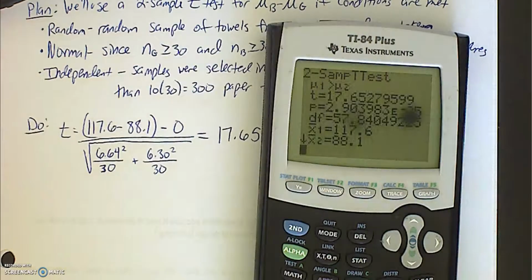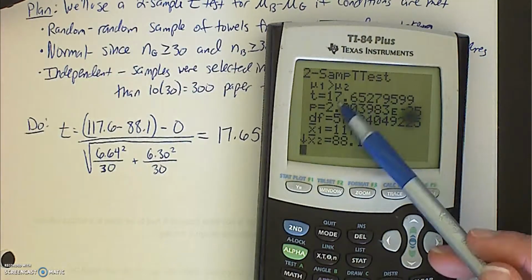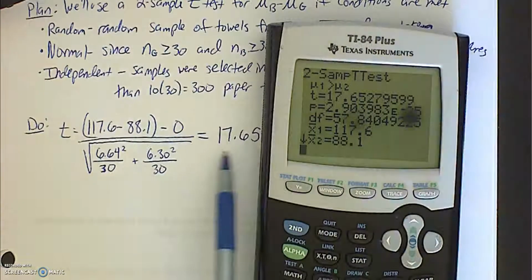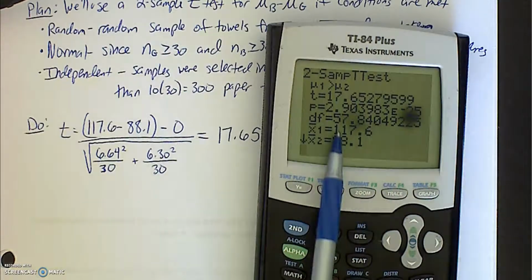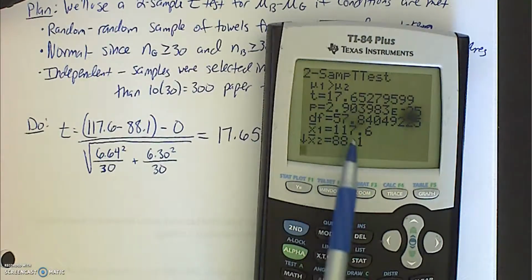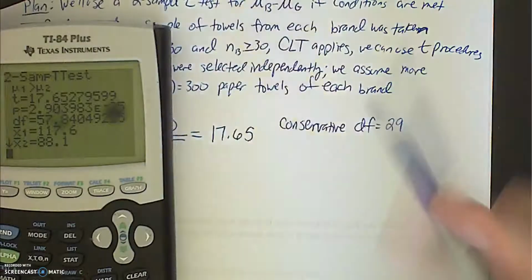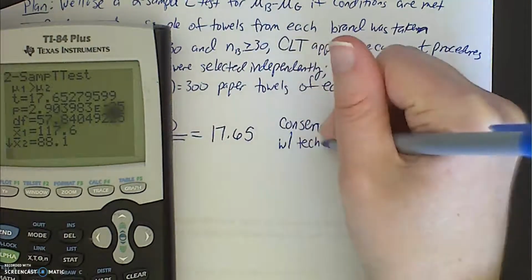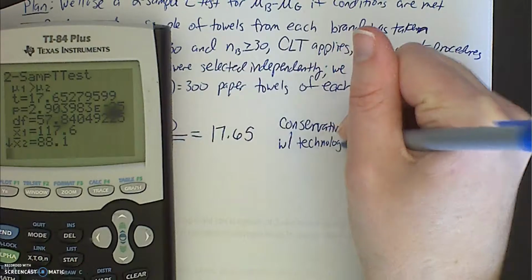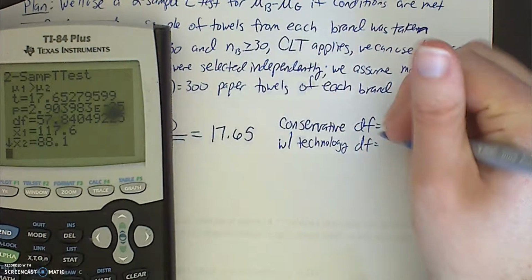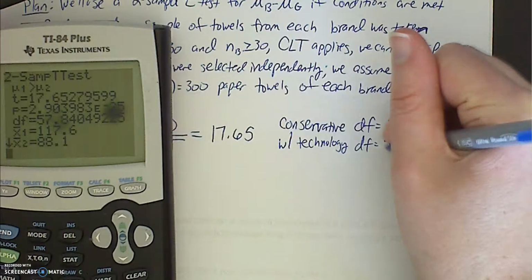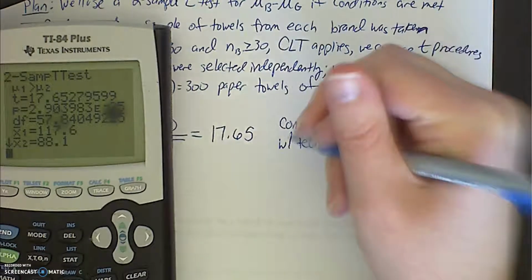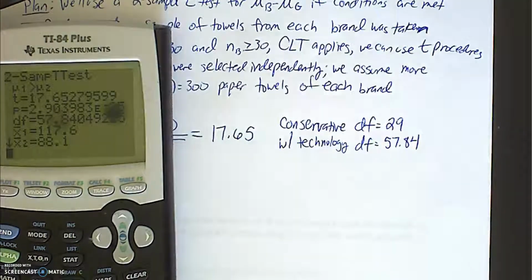And then we hit calculate. We see our t is really similar there, 17.65. Degrees of freedom with the calculator is 57.84. So with technology, my degrees of freedom is 57.84. For this particular example, it actually wouldn't really matter which one we use to find our p-value.